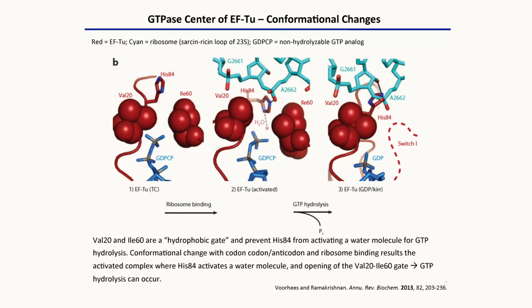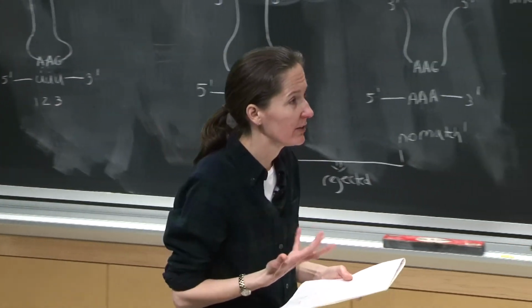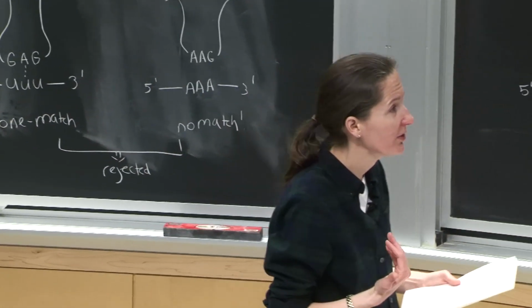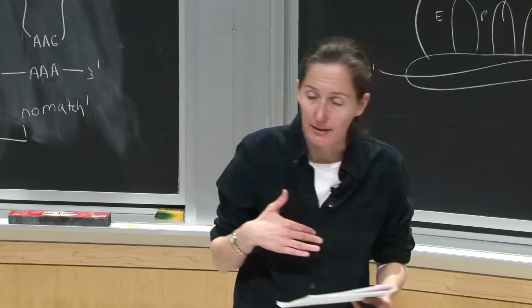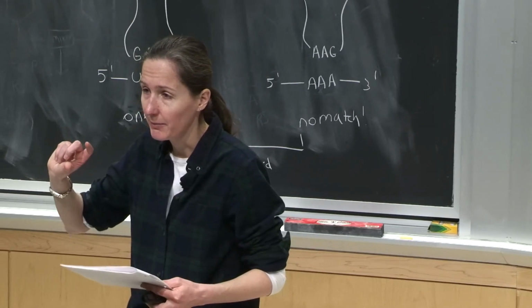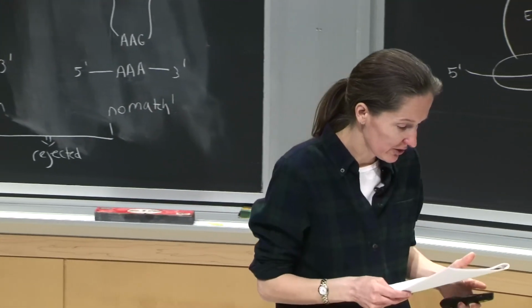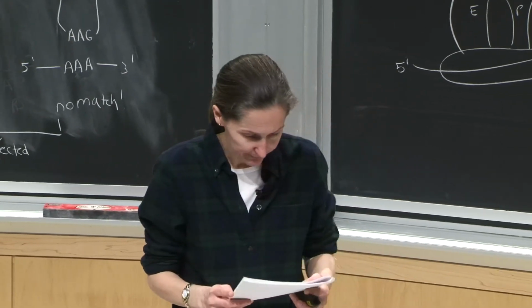What are some of these conformational changes? Effectively, there are conformational changes in the decoding center that are critical. That's not at the GTPase center, but first asking what's happening when the mRNA codon and tRNA interact, and then what's happening in the GTPase center.